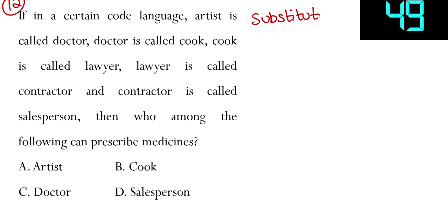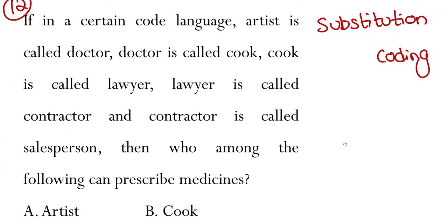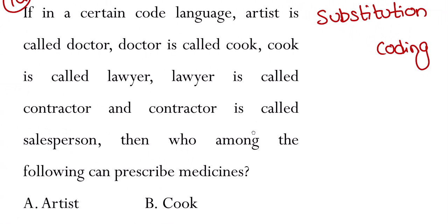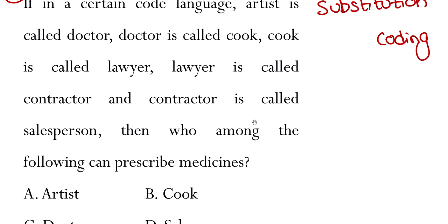Substitution coding related stuff. For this type of questions, read the last line. Who among the following can prescribe medicines? Who can prescribe medicines? Related word in question. Cook will prescribe, lawyer, contractor, no, doctor. What is doctor called? Cook. Answer is cook. Don't extend. Cook is lawyer, lawyer is contractor, don't extend like that. If you extend for every question, the last word is the answer.